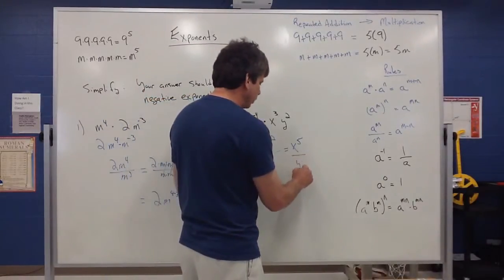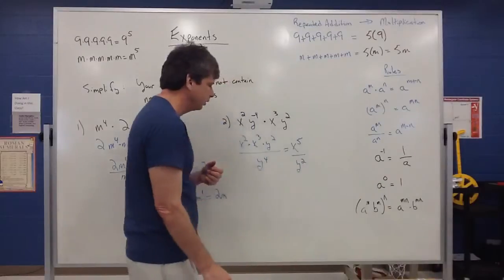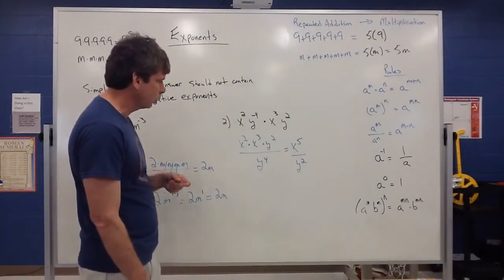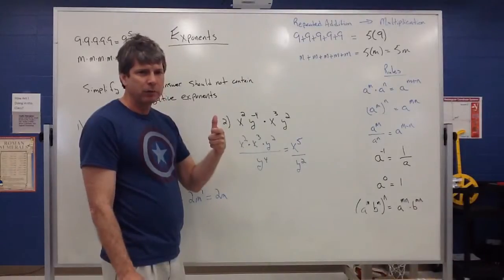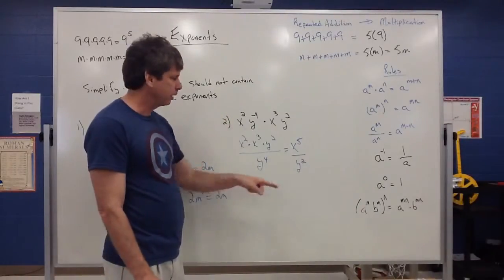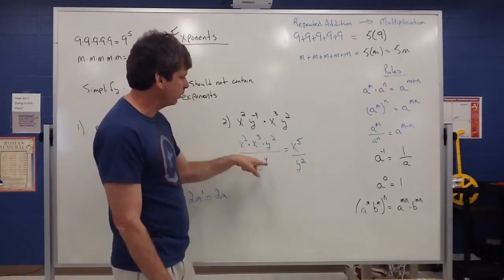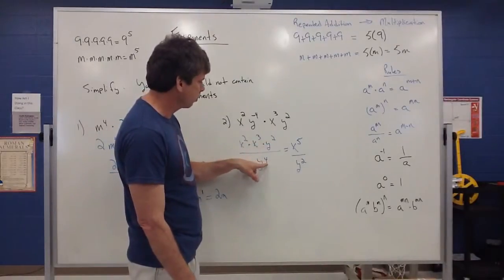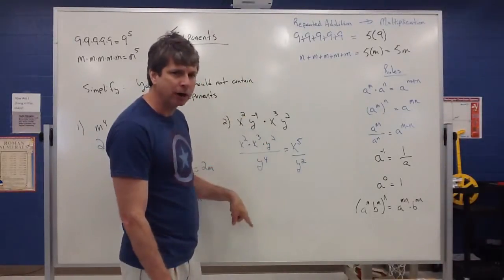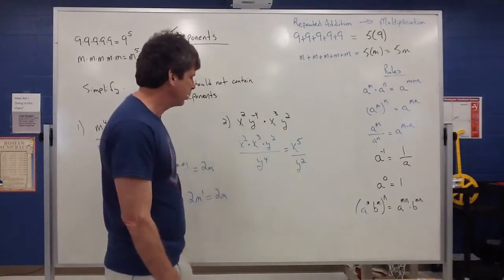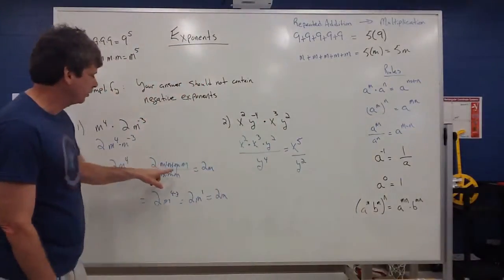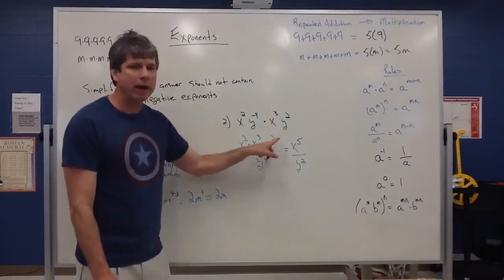So I should have a y squared left in the denominator. Or again, you could go 2 minus 4 and get a negative 2, but that tells you to bring it down to the bottom as a y squared. A lot of times what I will see though, there's 2 y's here, there's 4 y's here, so I'm mentally marking out 2 of them, and I'm mentally seeing there's 2 y's left in the denominator. So I'm kind of seeing this without actually writing it down on paper.